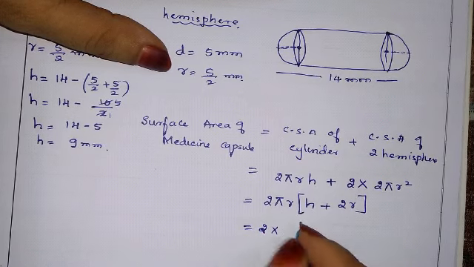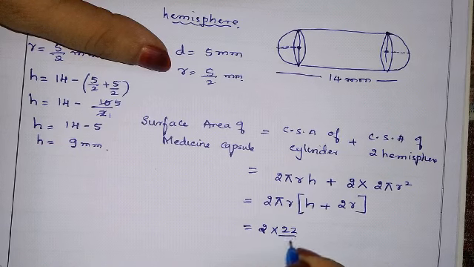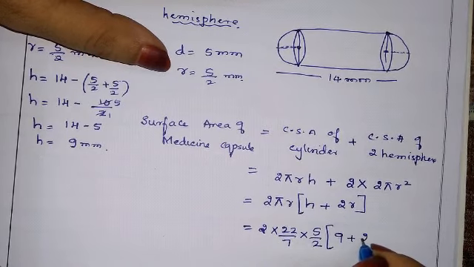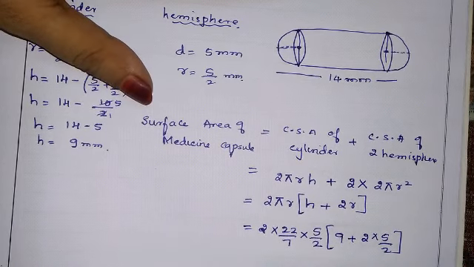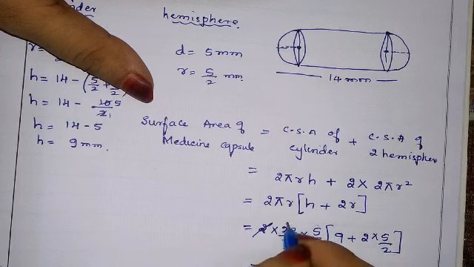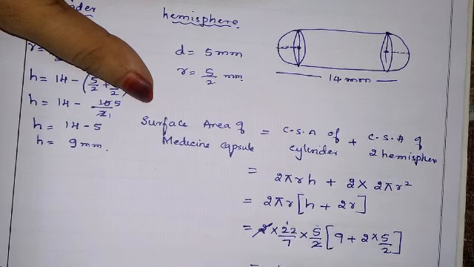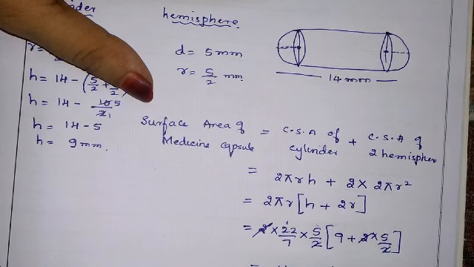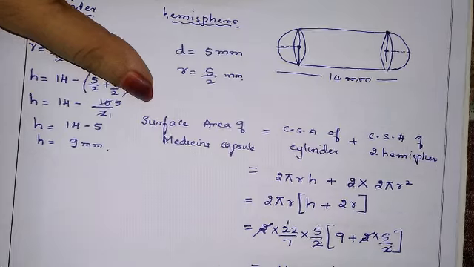Pi is 22 by 7. R value is 5 by 2. In bracket h value is 9 plus 2 into r value is 5 by 2. Now 2 gets cancelled. 5 2s are 10, 5 2s are 10 plus 1, 11 by 7 into 2 gets cancelled, 9 plus 5.